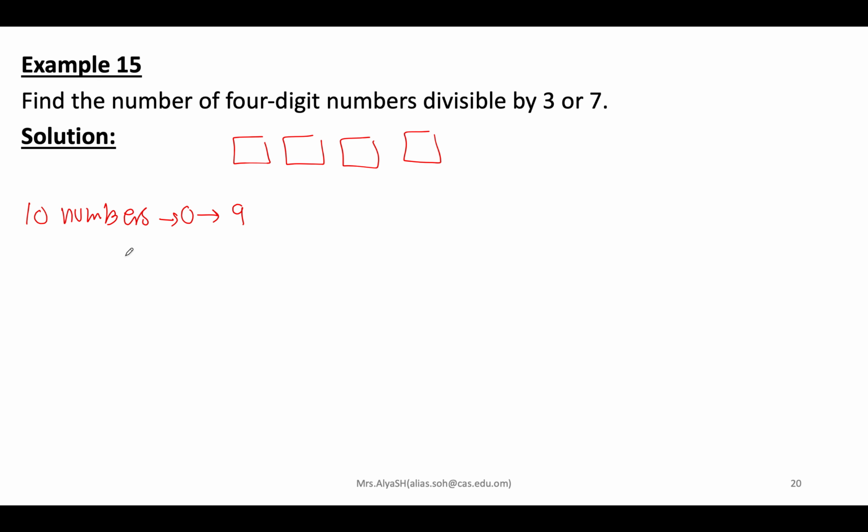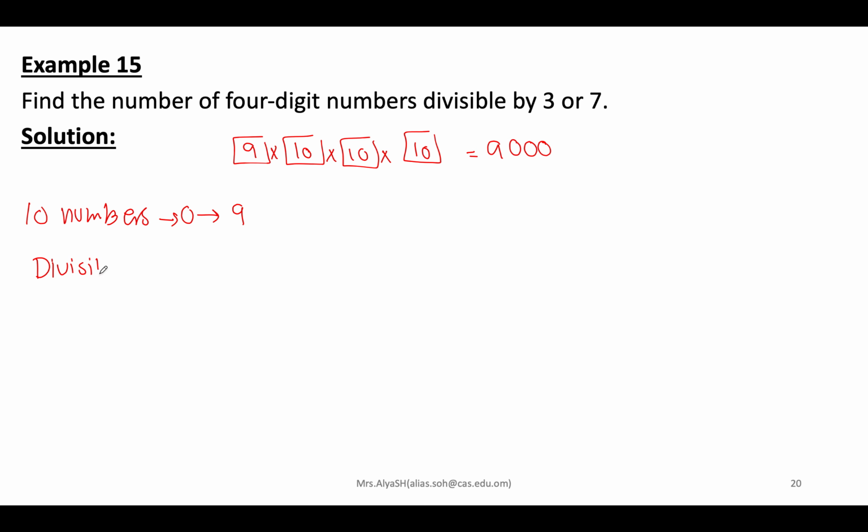In the thousands place, it can be either 1, 2, 3, 4, 5, 6, 7, 8, or 9. Then I can put any number from the 10 numbers in the other places. So totally I have 9,000 numbers with 4 digits.